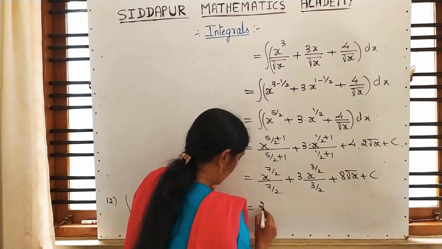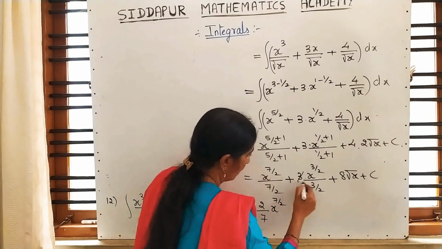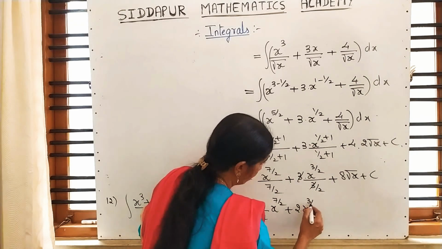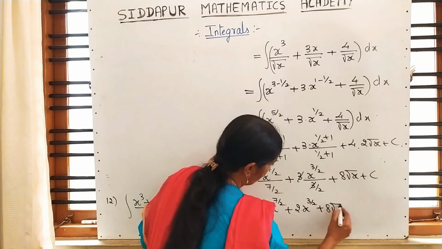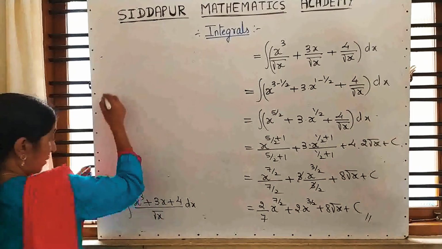This is 2 by 7. This 3 and this 3 get cancelled. 2 goes up. 8 root x plus. Moving to the next question.